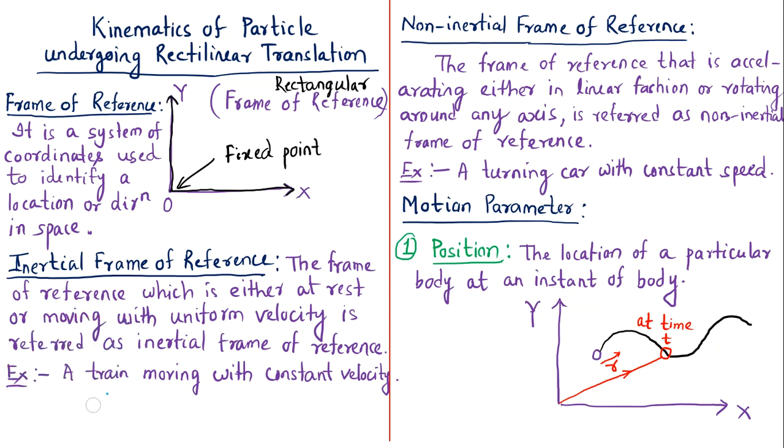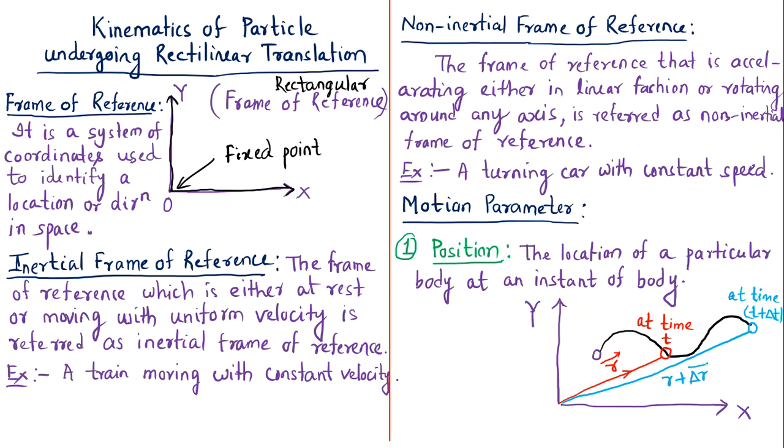Now what happened? After some time, it will move to a new position. Let this be the new position at time t plus delta t. It takes delta t time. After delta t time, it will reach this position. What is the position vector of that position? I can represent it as r plus delta r.